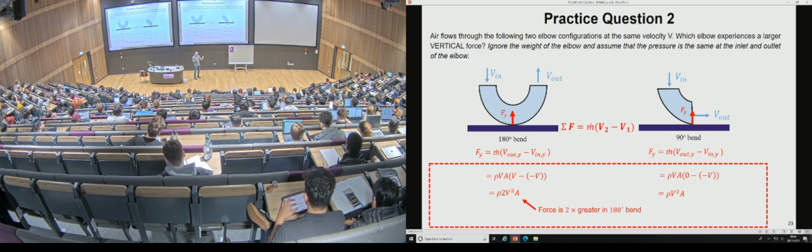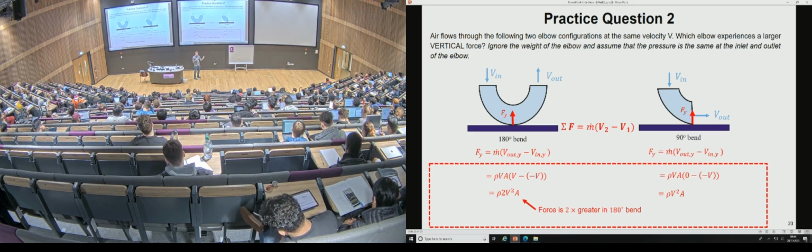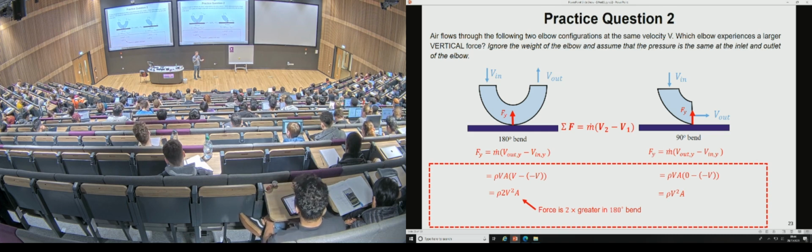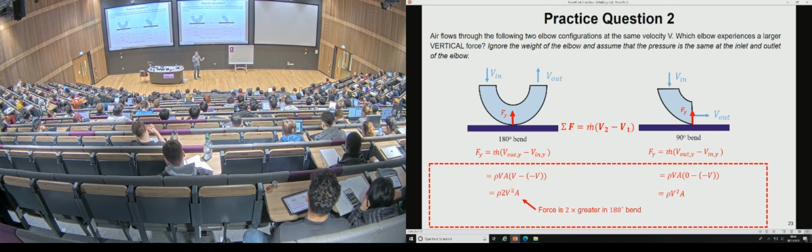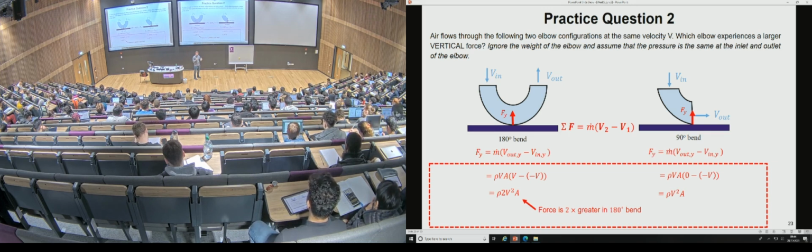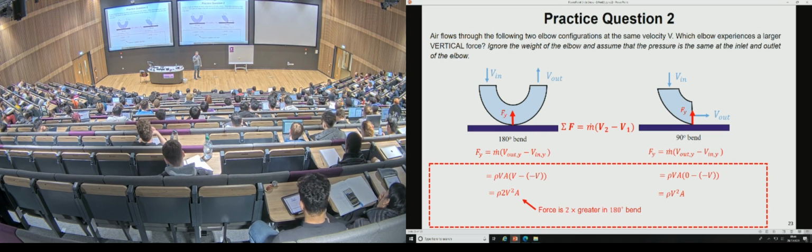When there's a change in velocity in one direction, there must be a resultant force. So in case 2, there's a change in x velocity, because at the beginning it has no x velocity, in the end it has a positive x velocity. So there must be a force acting on the control system because of that. And it's very much like a propulsion force. There's going to be a reaction force needed in the opposite direction to keep that 90 degree pipe stationary.